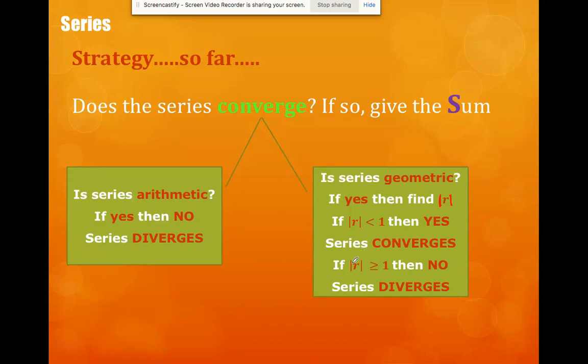Then it converges. If the absolute value is equal to 1 or greater than 1, then the series diverges. If yes, though, you have a formula to actually find the infinite sum: first term over 1 minus that common ratio. All right, so that's what we got so far for infinite series.